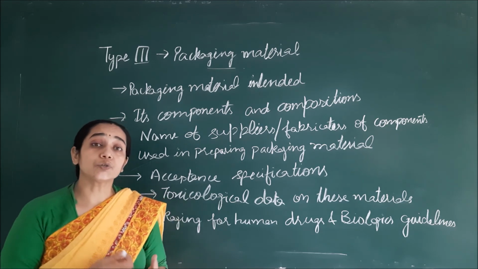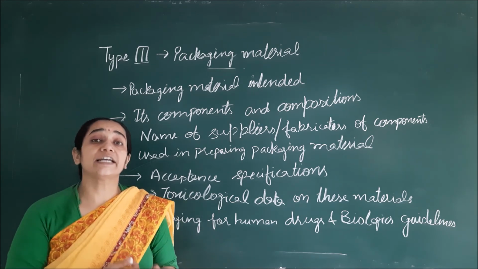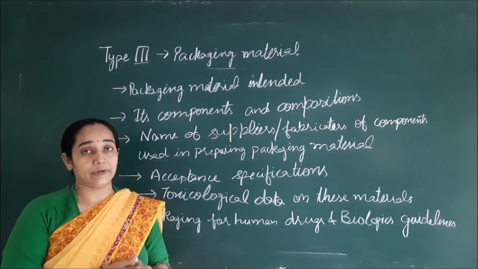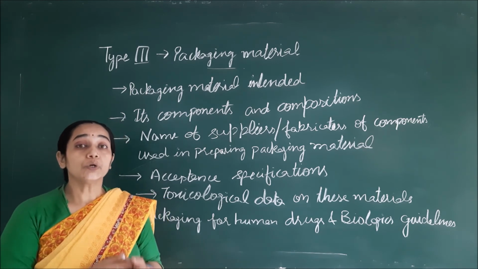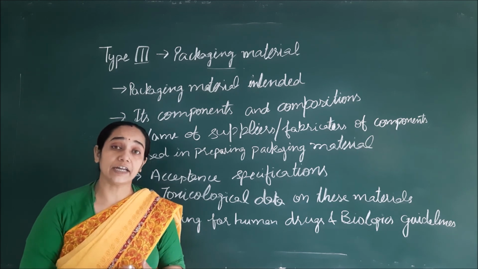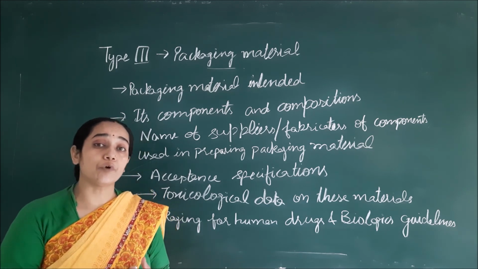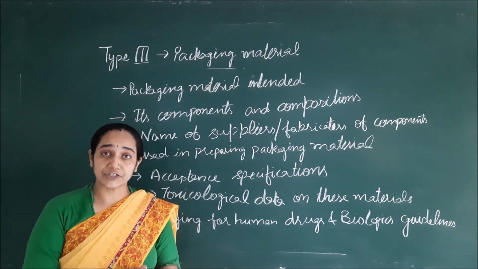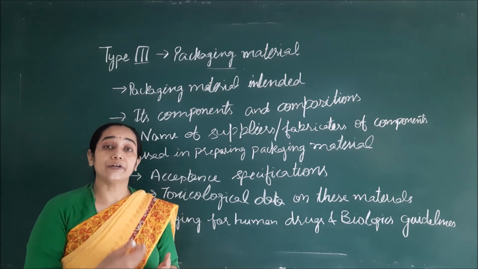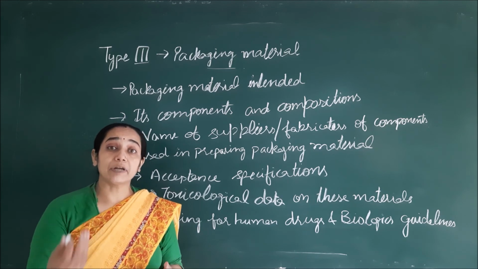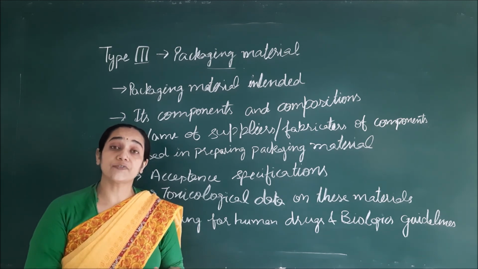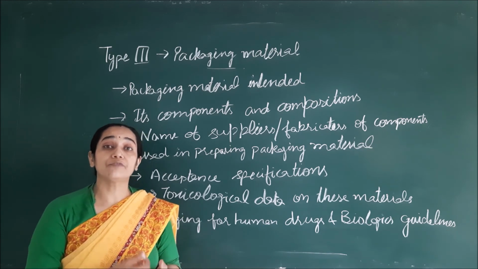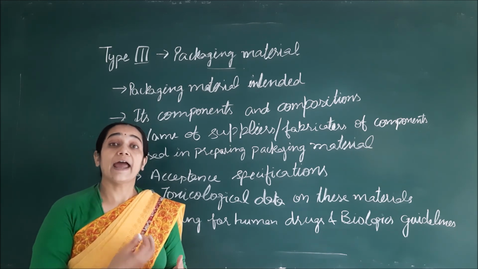Means it is not a strictly set condition that only this particular container will be suitable, but in order to justify which kind of container will be suitable for our formulation, some compatibility testing will be done by the manufacturer, to see whether the product is compatible with the packaging material, as well as whether this packaging material is suitable to protect the product from humidity and light exposure.